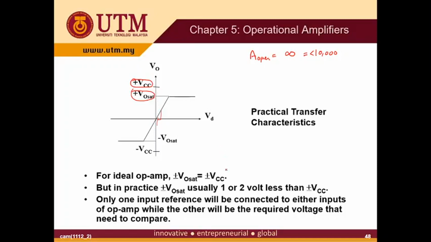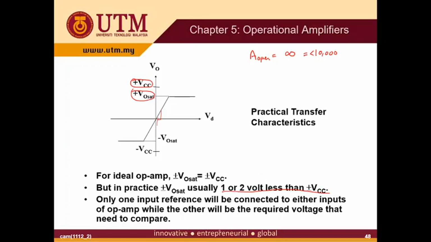In practice, the output saturation is usually 1 or 2 volts less than plus VCC. If you supply 12 volts as your VCC, your saturation voltage is around 10 to 11 volts. So this is the practical characteristic.